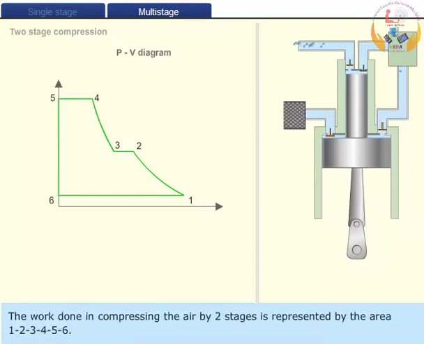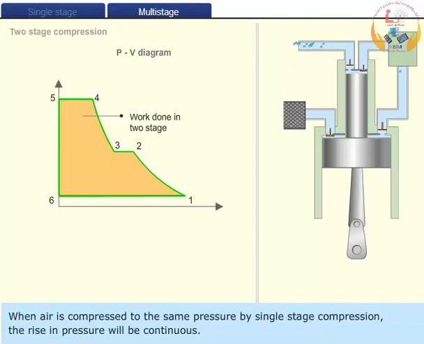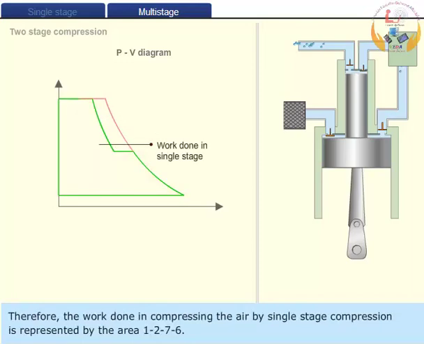The work done in compressing the air by 2 stages is represented by the area 1, 2, 3, 4, 5, 6. When air is compressed to the same pressure by single-stage compression, the rise in pressure will be continuous.